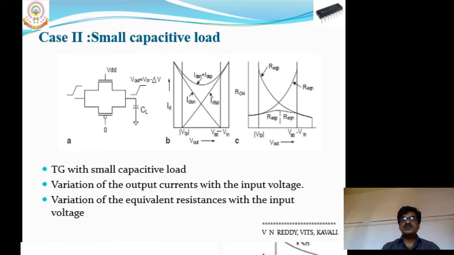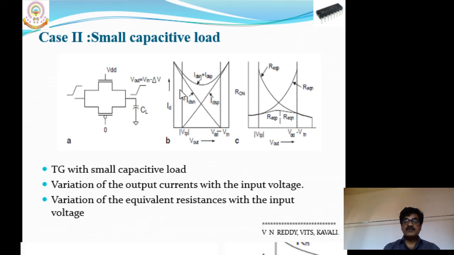Since the PMOS transistor is cut off, the IDSP current is 0. Here the IDSP current is 0, whereas the IDSN current, the NMOS transistor current, is very high.